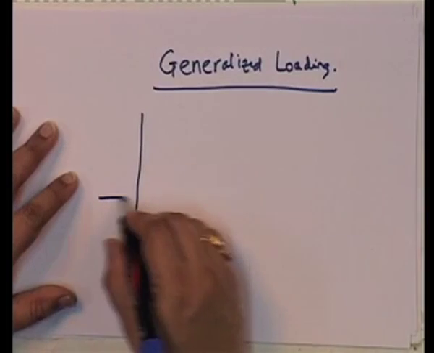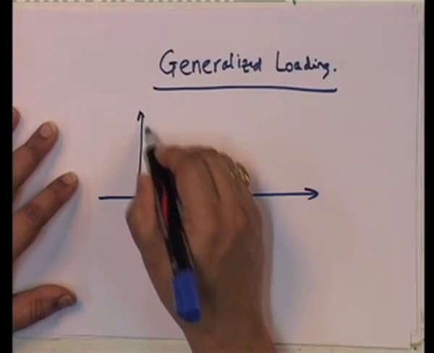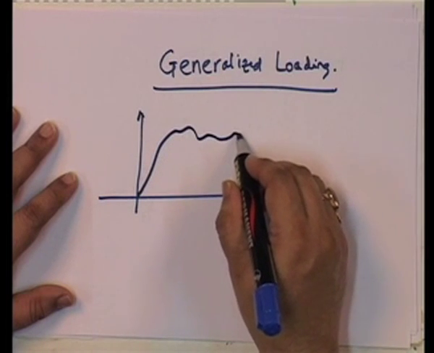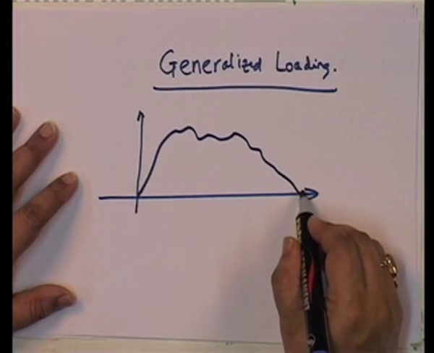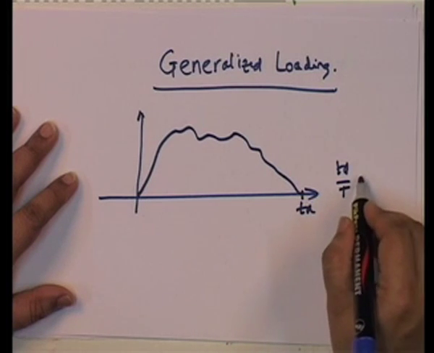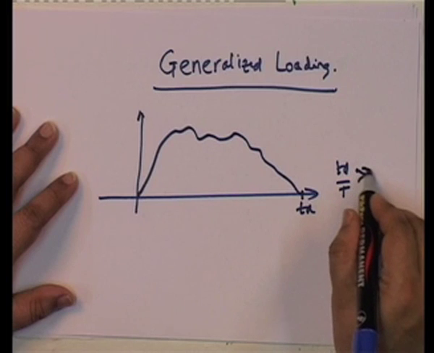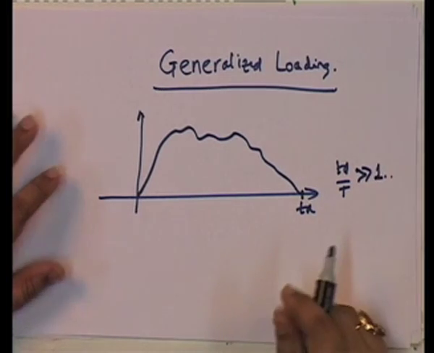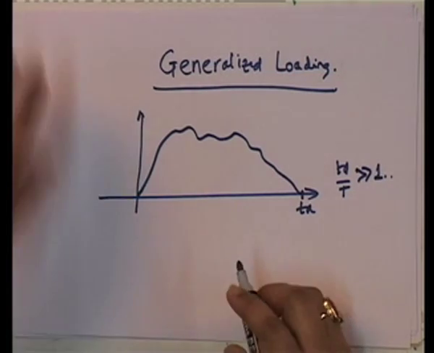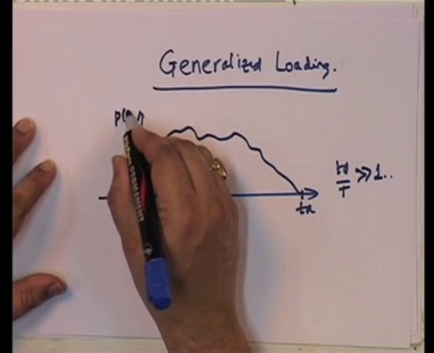A generalized load is one which has a duration, but T d by T is sufficiently larger than 1. So, how do I get the response? This is my P of t.